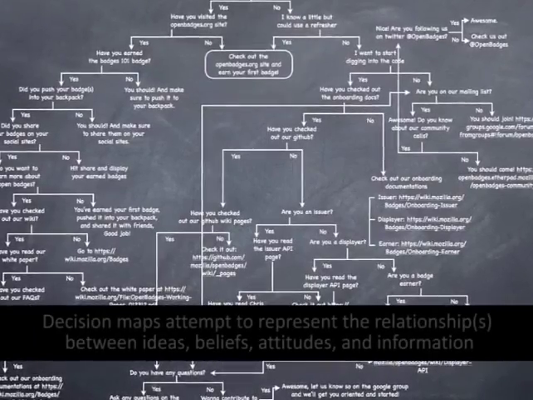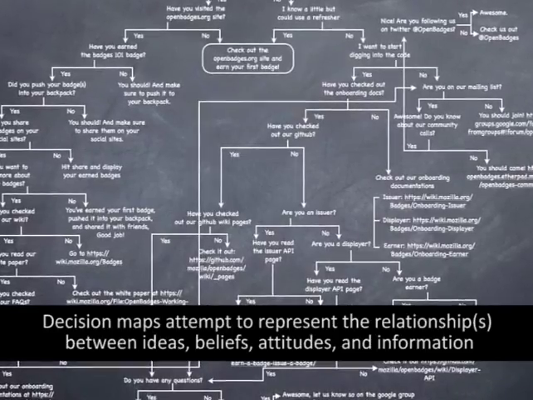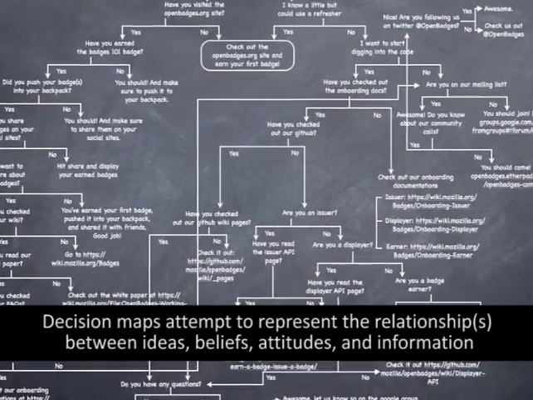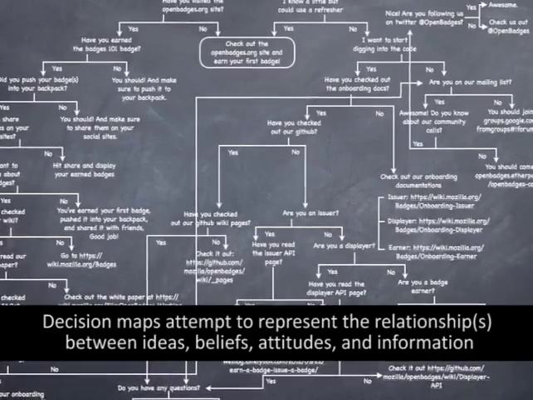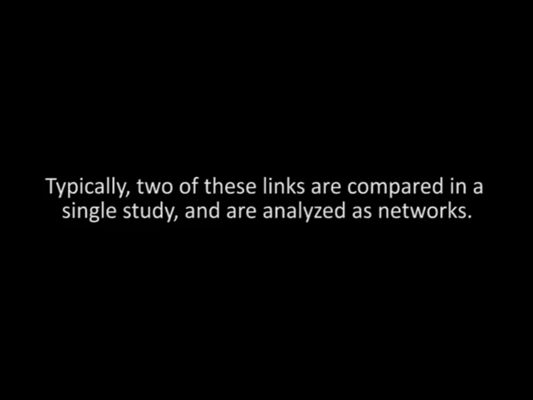Decision maps attempt to represent the relationship between ideas, beliefs, attitudes, and information available to an author when making a decision within a text. These relationships can be represented as logical, inferential, causal, sequential, and mathematical relationships. Typically, two of these links are compared in a single study and are analyzed as networks.